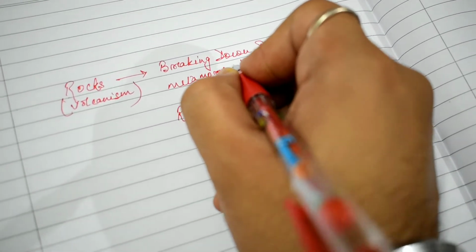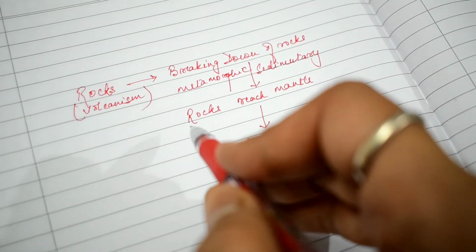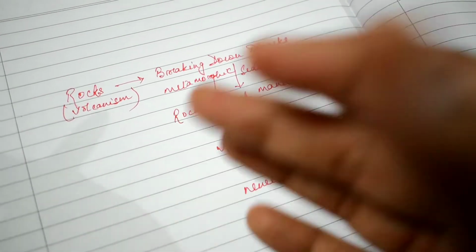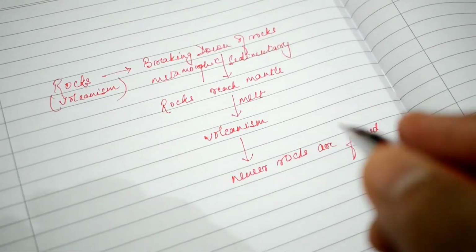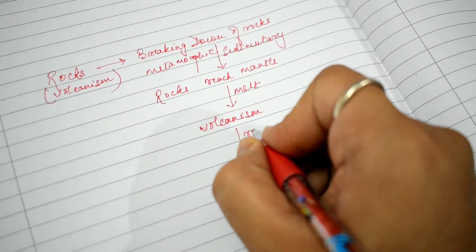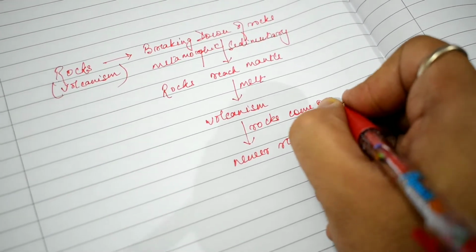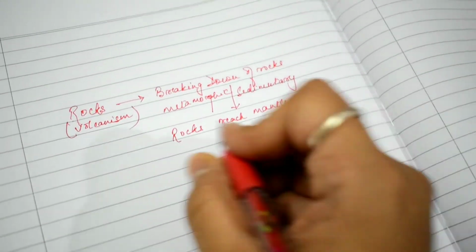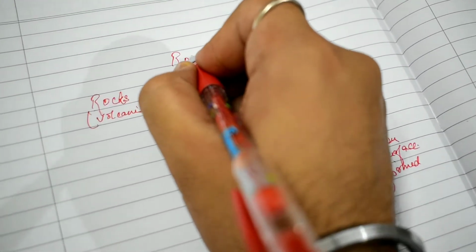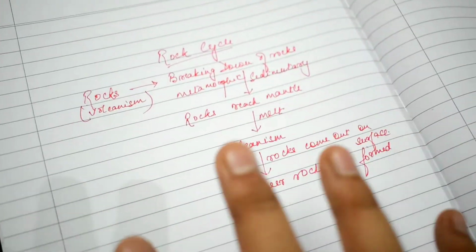Then due to some earthly processes, the rocks again reach the mantle, they melt, there is again volcanism, and rocks come out on the surface. So this is your rock cycle.